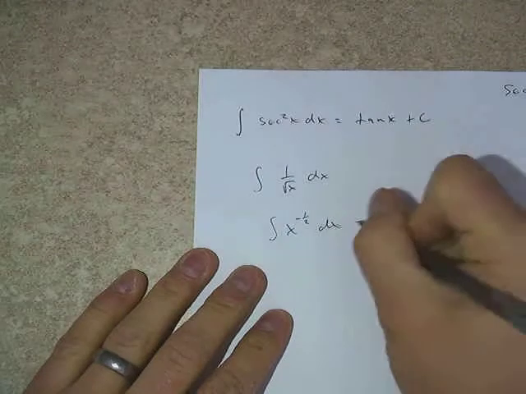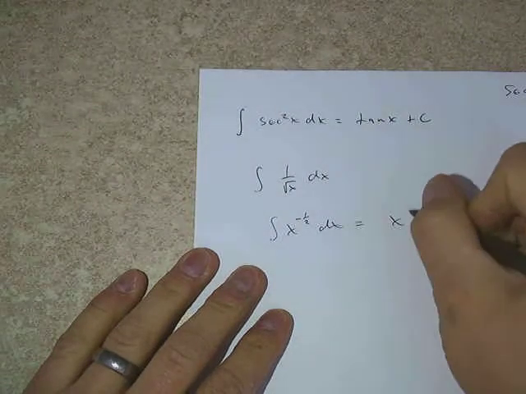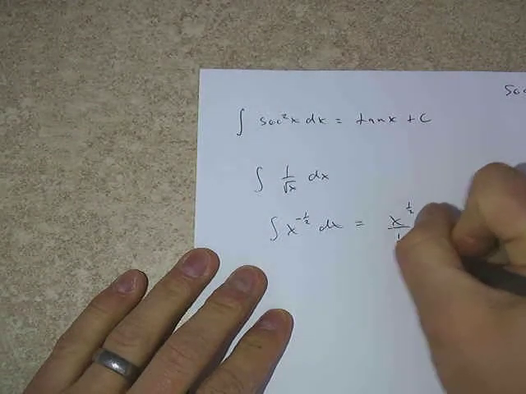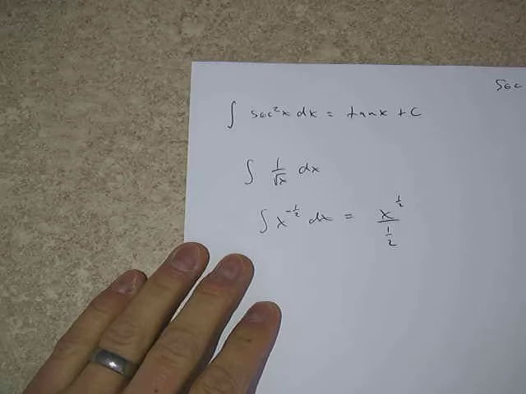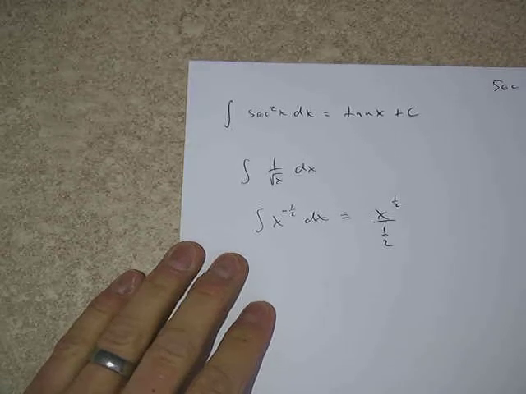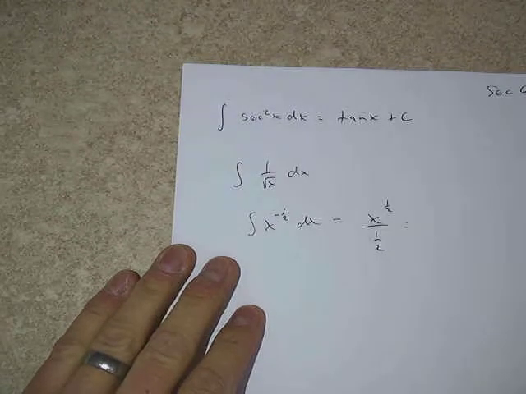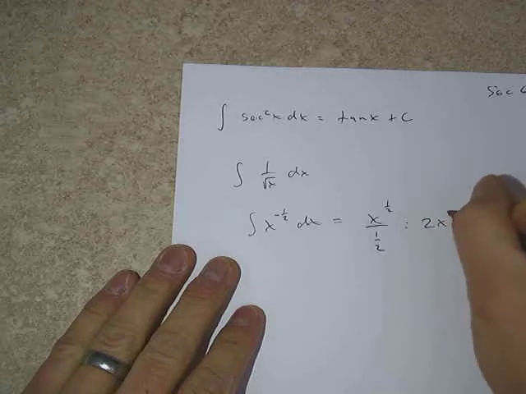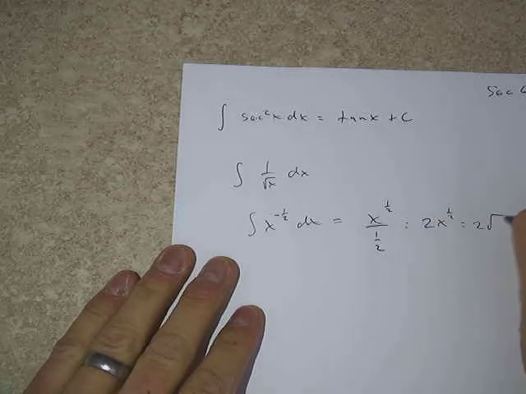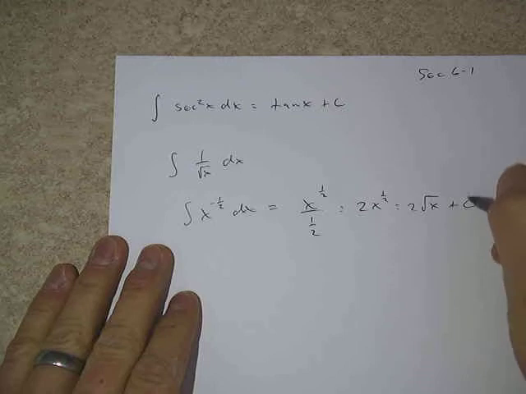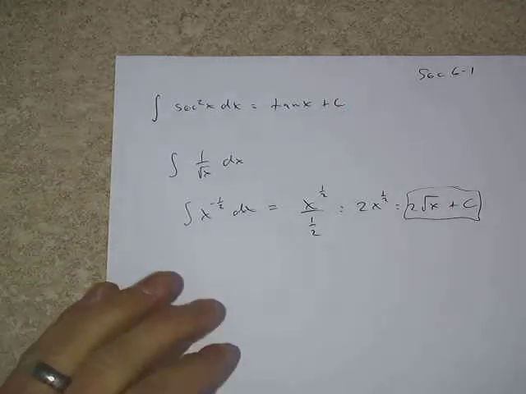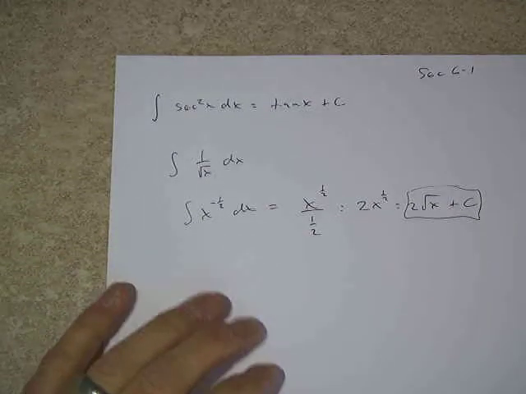And then step 2, the antiderivative of that would be x to the positive 1/2 divided by 1/2. We use our power rule, so straight power function. And if instead of dividing by 1/2, we multiply by 2, we'd ultimately get 2x to the 1/2, or 2 radical x, plus what? Plus c.